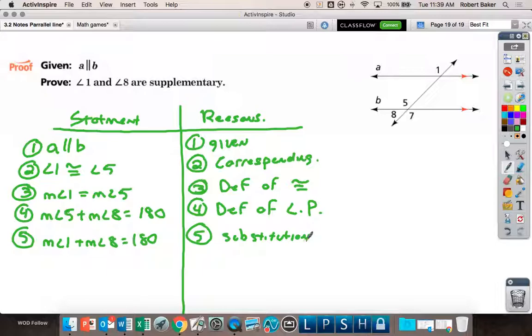Can we just put angle 1 and angle 8 or something better? Yeah. Do you know why? Definition of supplementary.